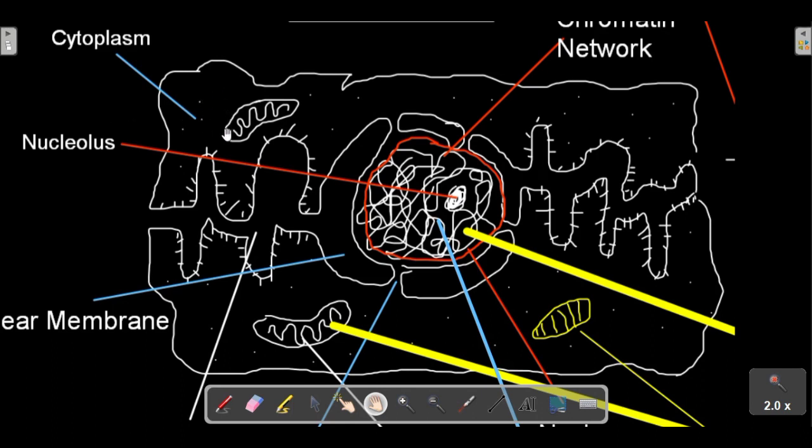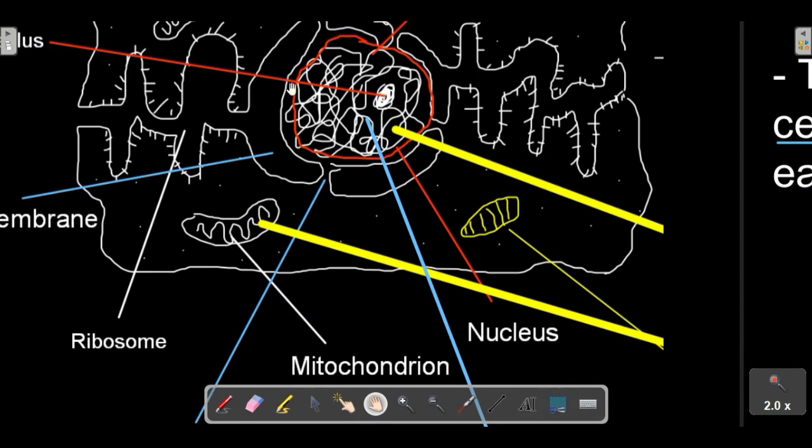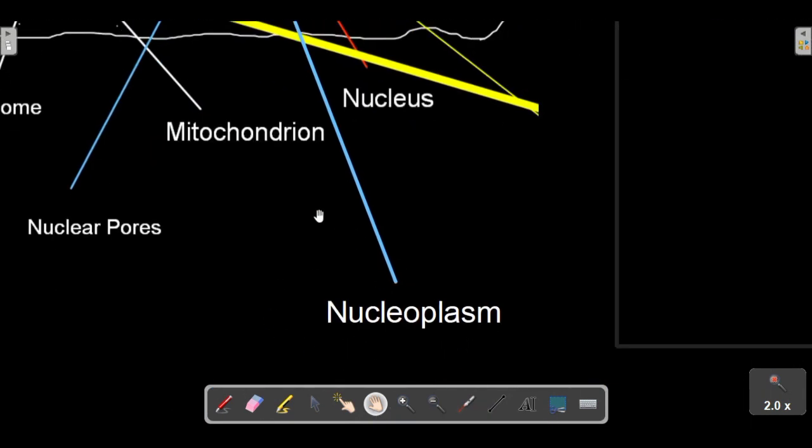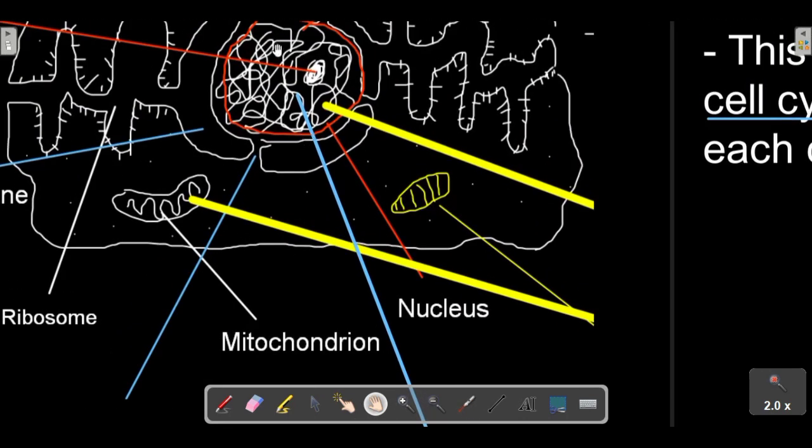And they are the site where metabolic reactions occur. The reactions that happen inside the cell occur in these. This is not just a space, it's a jelly-like substance. And so inside this nucleus, you have a jelly-like substance which we call the nucleoplasm, which of course suspends these organelles that are inside.